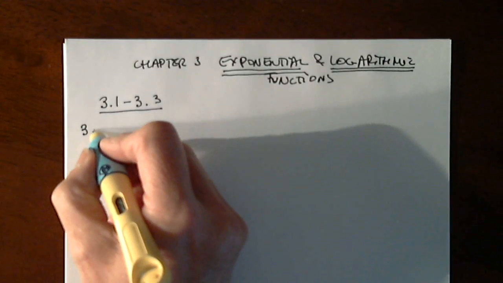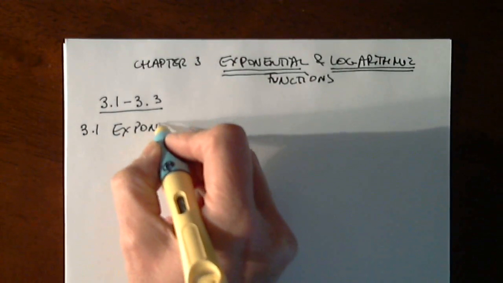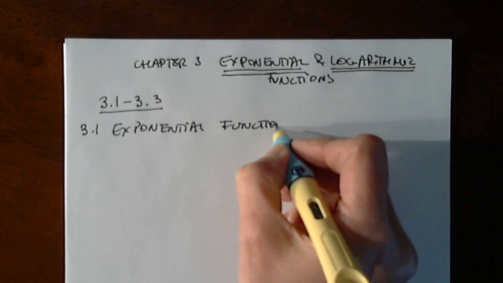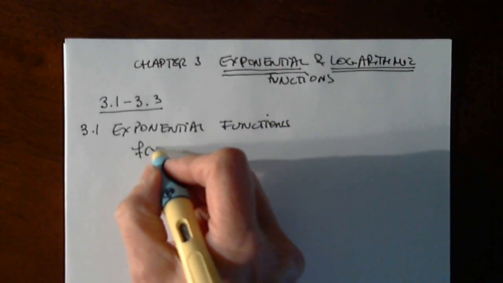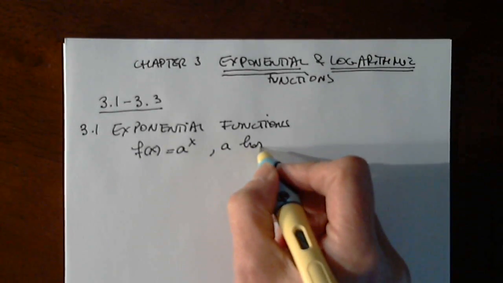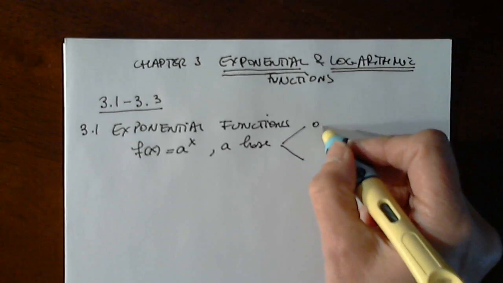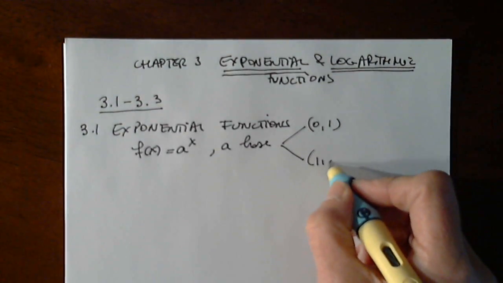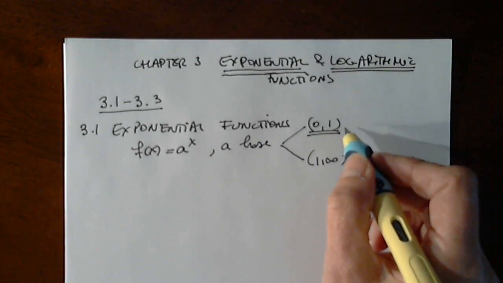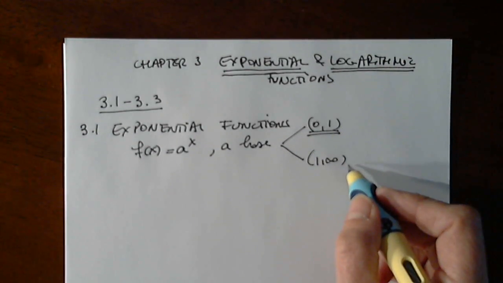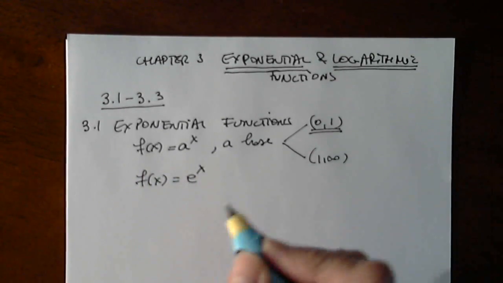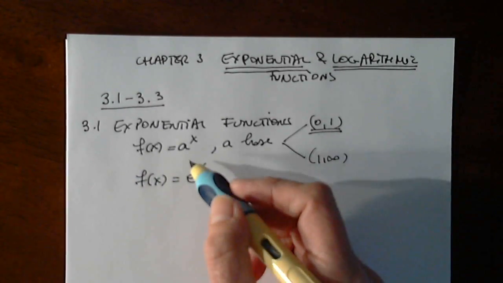Exponential functions, 3.1. From algebra, we know that exponential functions look like this, where a is the base, and the base can have two options. It can be a positive number between 0 and 1, not 0, not 1, or a number strictly greater than 1. Of course, we are looking at two other specific functions.